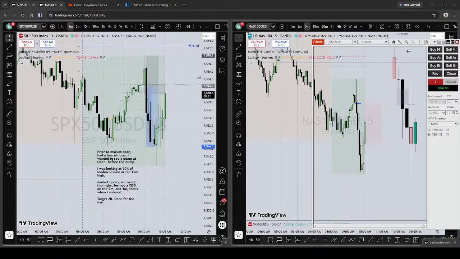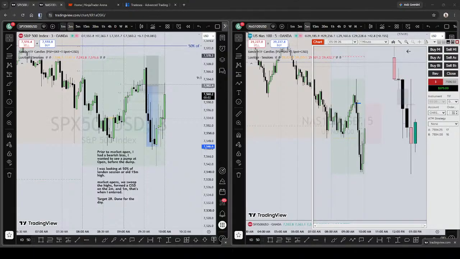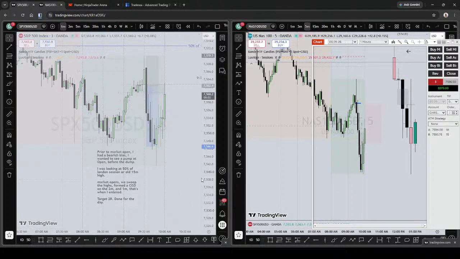I'll be waiting now to see if we get a valid down close candle. Looking at the 1 minute chart, because that's where we are at, since the network is down.